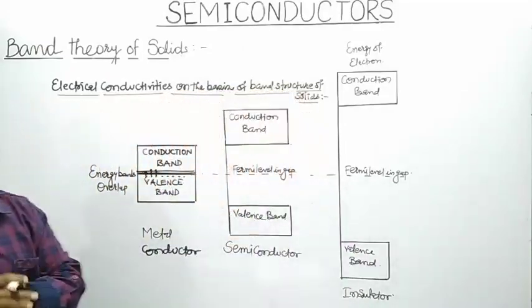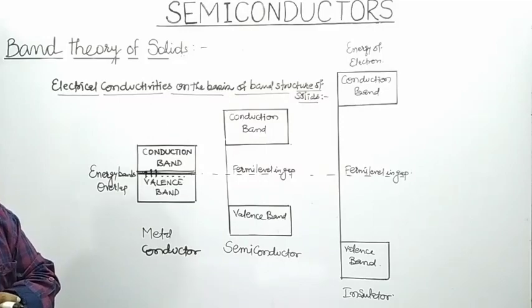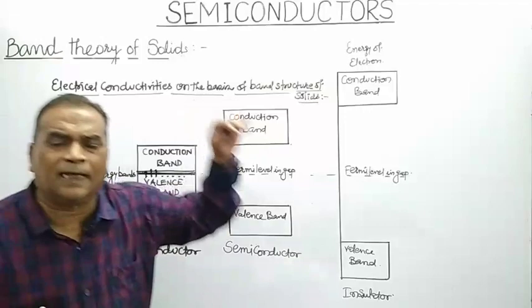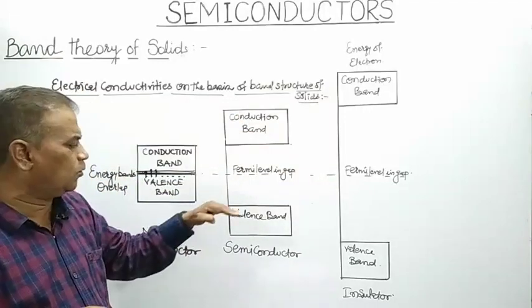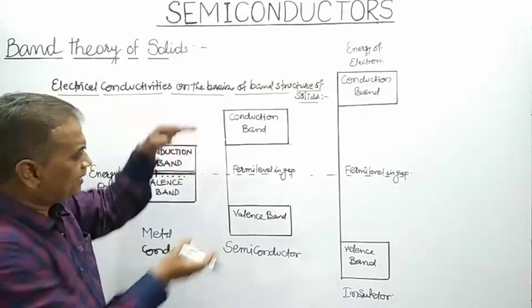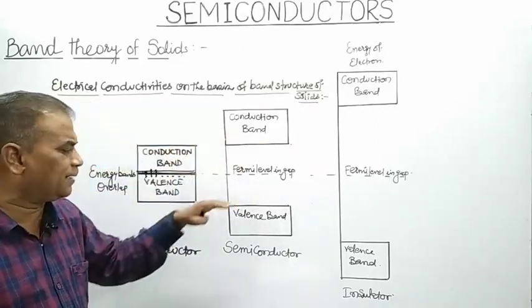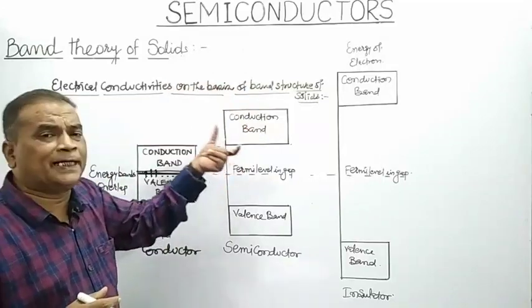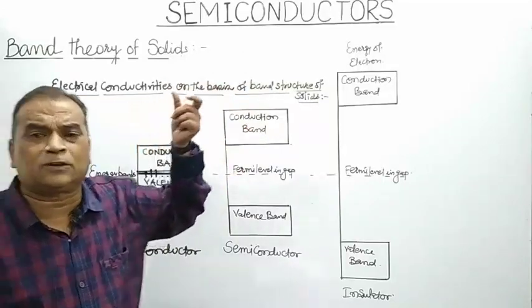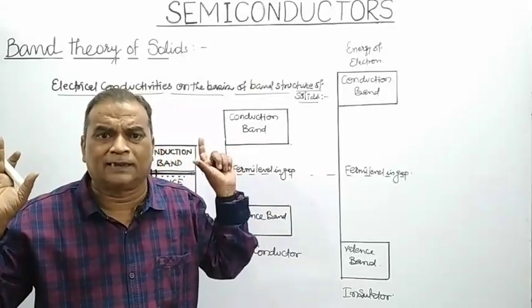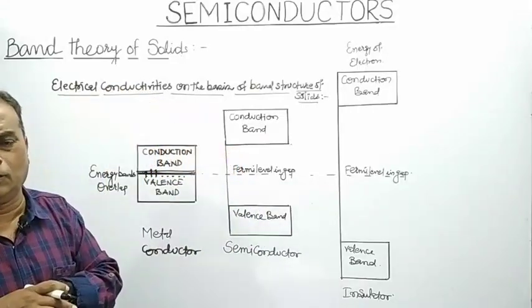In case of a semiconductor, there is an energy gap of less than 1 electron volt between the valence band and conduction band. No doubt a small energy gap is there between the valence band and the conduction band, but this energy gap is of the order of less than 1 electron volt.